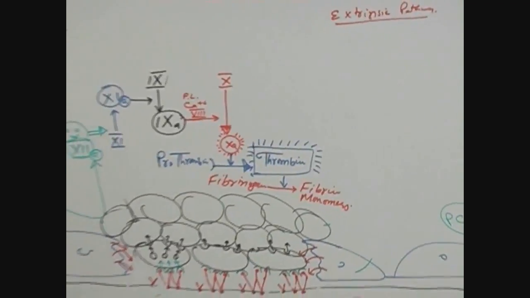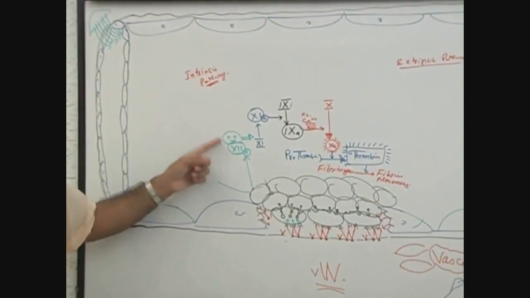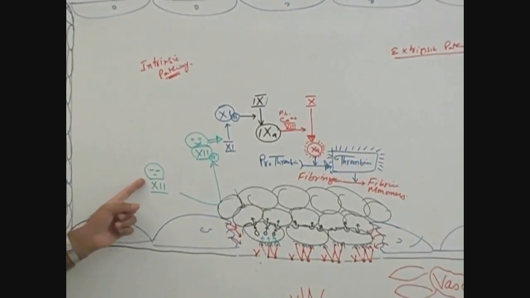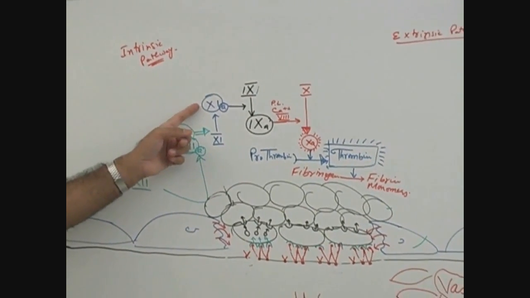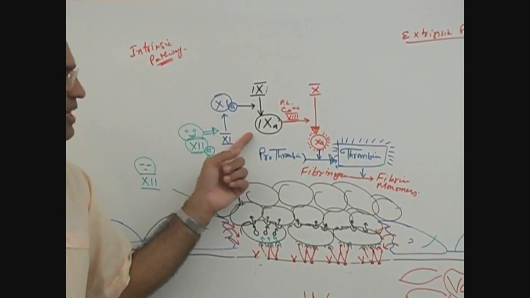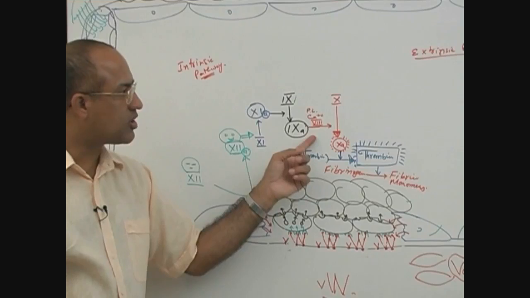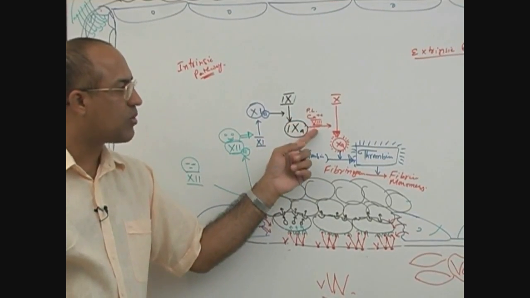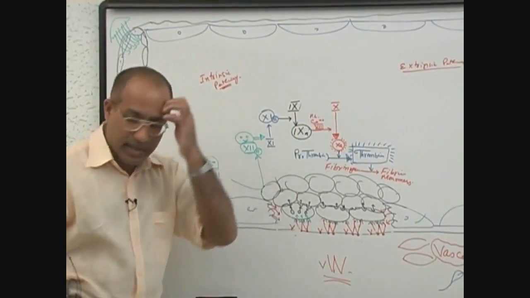So during all this process, look: first factor number 12 is activated, which will activate factor number 11. Factor 11 will activate factor number 9. Activated factor number 9, in the presence of phospholipid, calcium and factor number 8, will activate factor number 10.